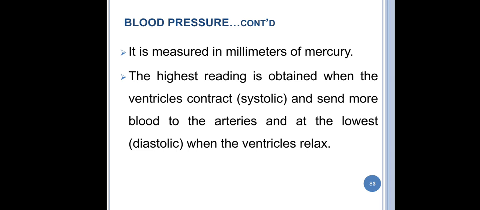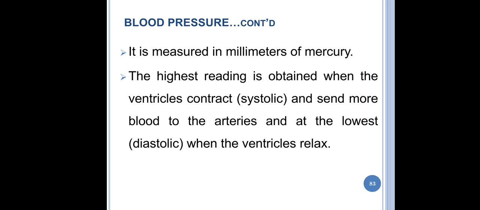You'll find a video related to blood pressure. You should watch that video. It's going to help you a lot. So the highest reading, the systolic, is usually on top and sends more blood to the arteries, and the lowest is the diastolic, when the ventricles relax. The systolic is obtained when the ventricles are contracting, and the diastolic is obtained when the ventricles are relaxed.